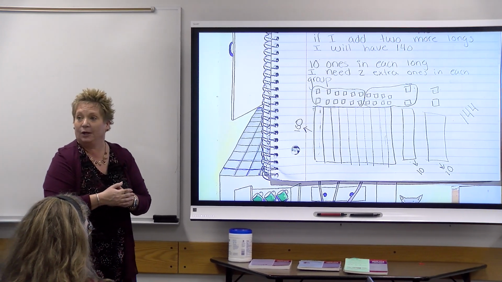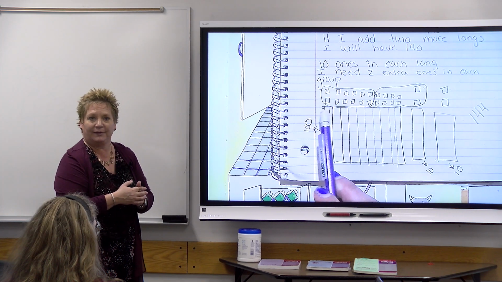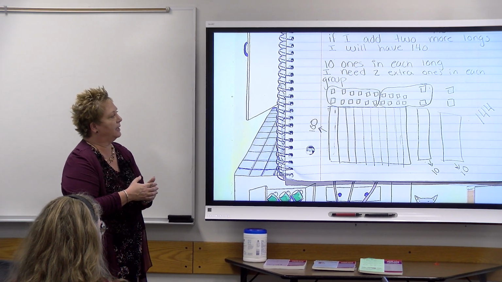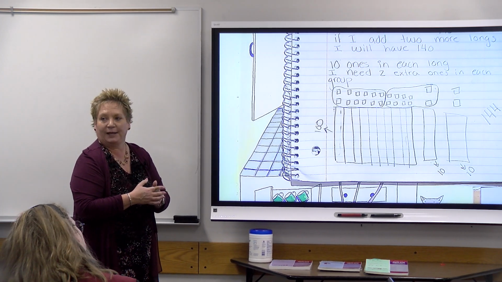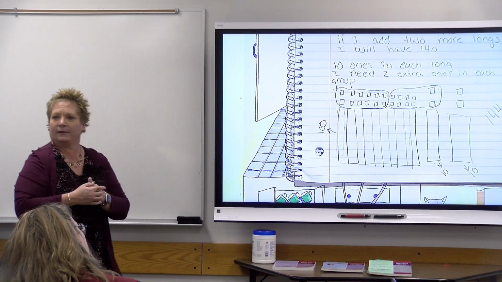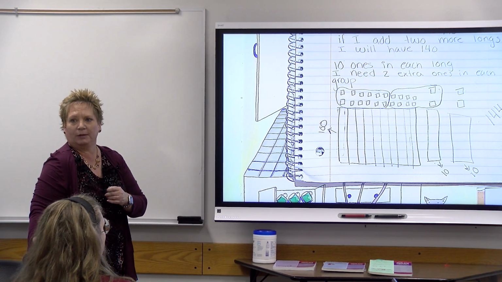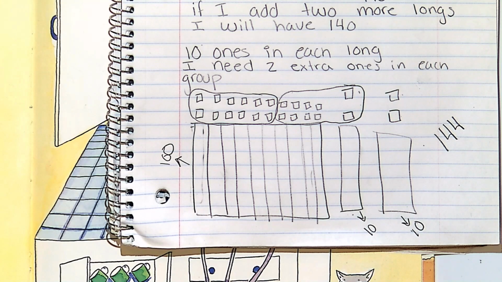Did anybody see what the problem would be? Does anybody see what would happen if she put them in groups of 10 based on the circle she has? Can anybody construct a viable argument to tell me why this picture wouldn't represent what she has there?